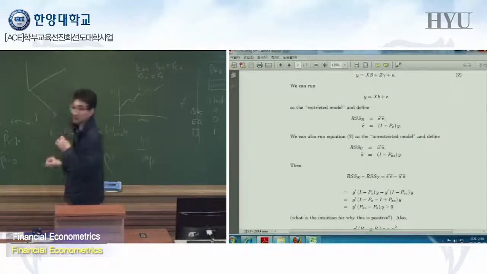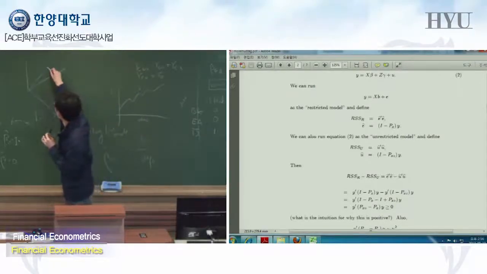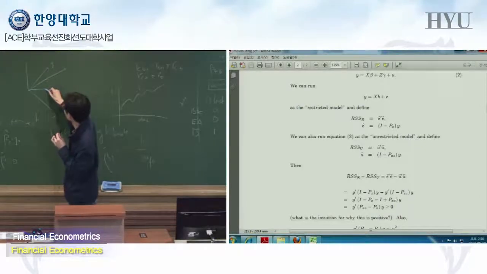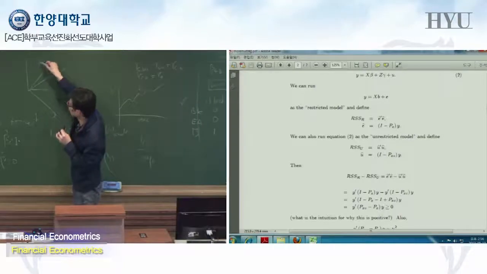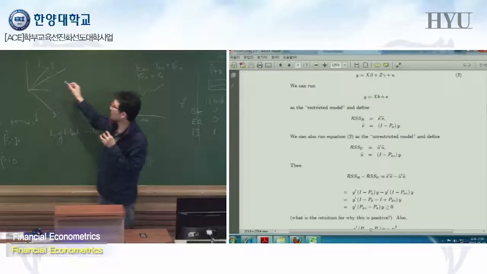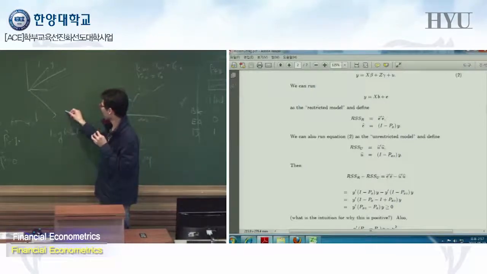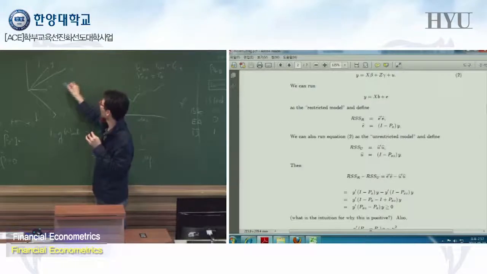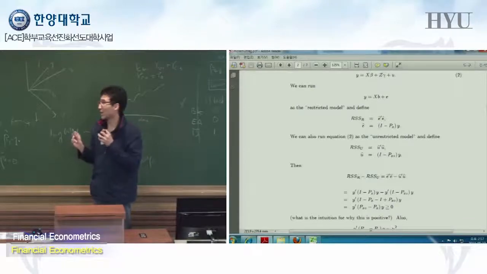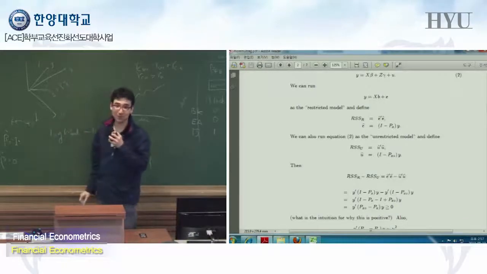So suppose we have two independent variables, two pieces of information, and suppose this is y, and if we do the regression, we do the orthogonal projection. So this one is the image of y on the space spanned by x1 and x2, and we call this one y hat. So y hat is the image of y on this space, which is Py, right?